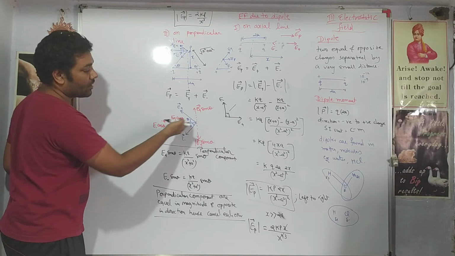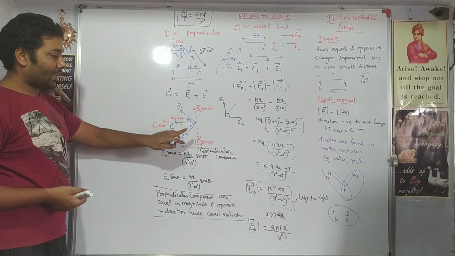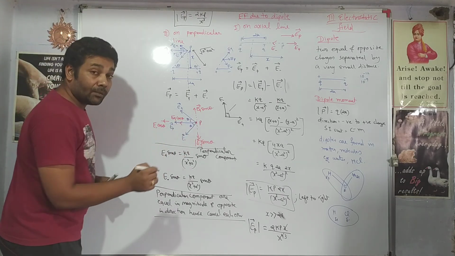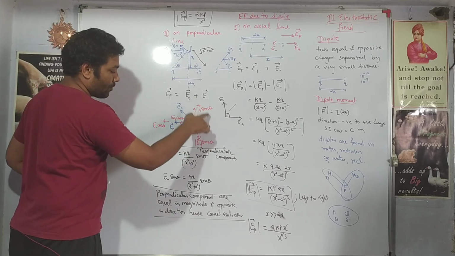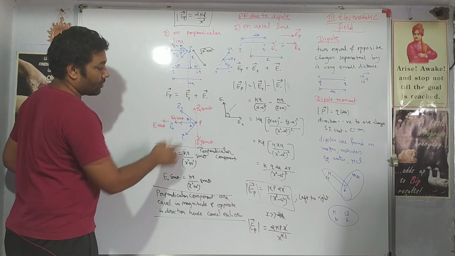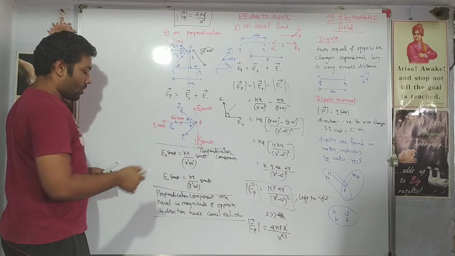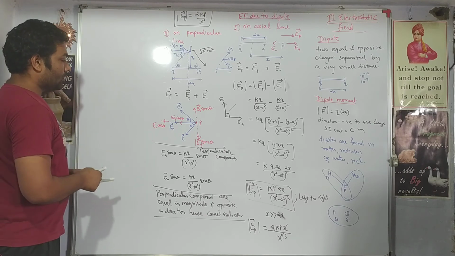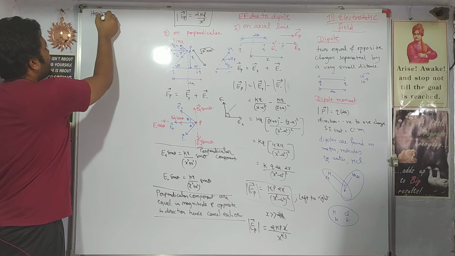Now let us see about the horizontal components. The perpendicular components are cancelled, so the electric field at this point P will be only due to the horizontal components. The perpendicular components are equal and opposite, so they have cancelled out. Let us evaluate the horizontal components.